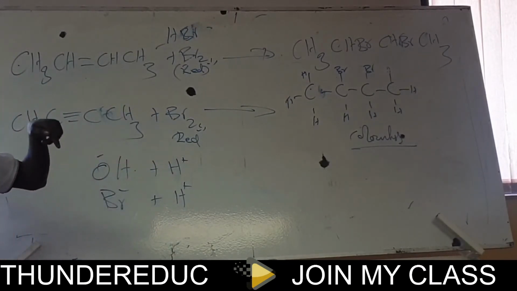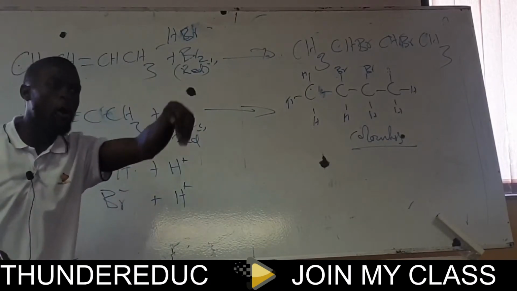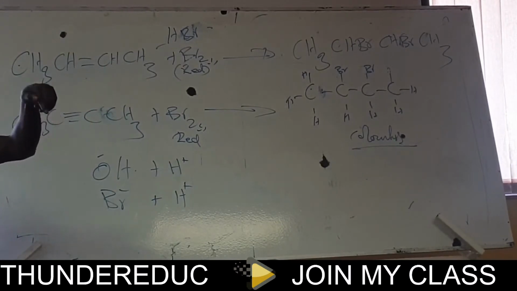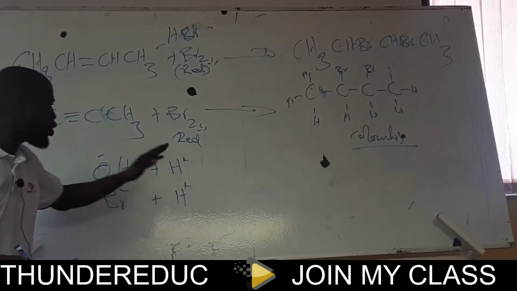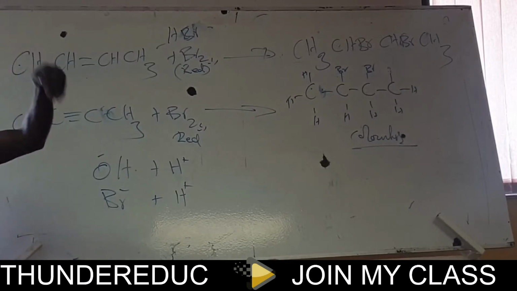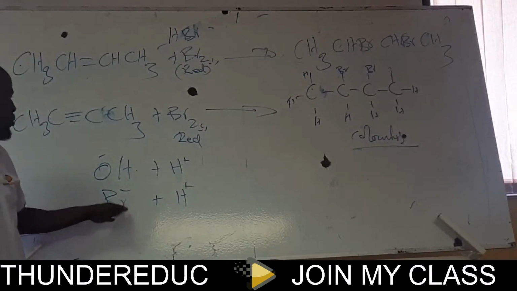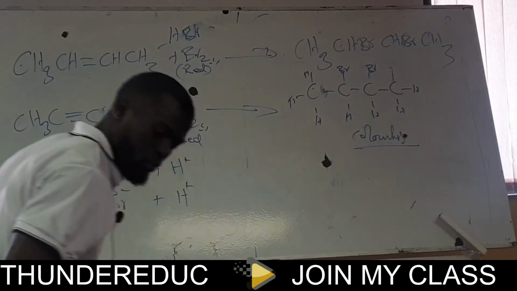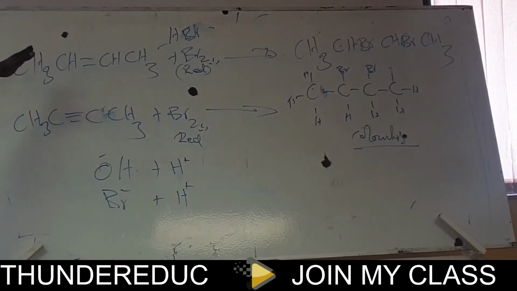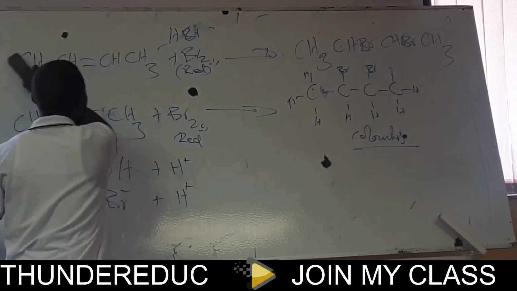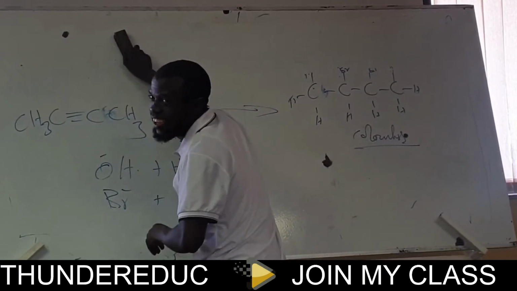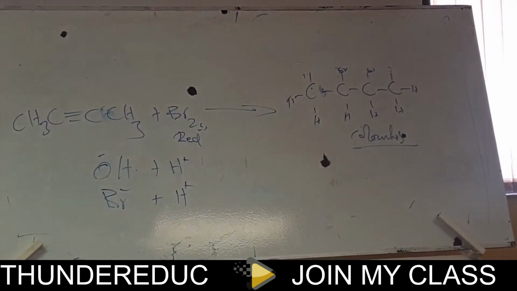Hydrogen will go to a carbon atom which has a high number of hydrogens, while the other one will go to a carbon atom which has fewer hydrogens.